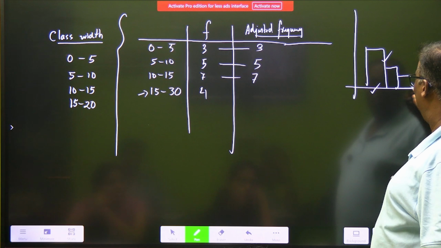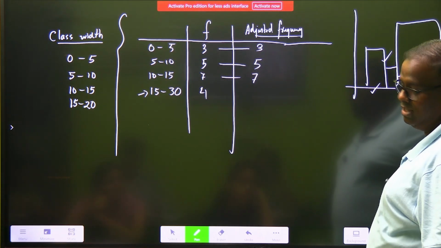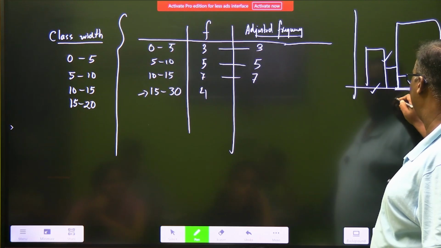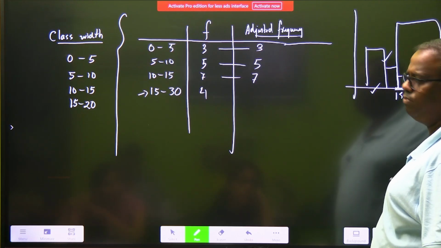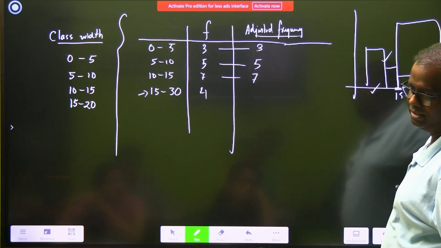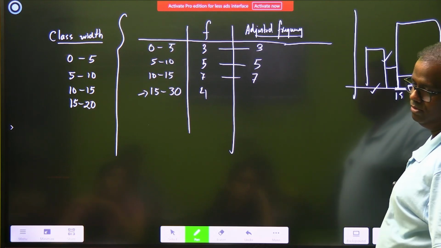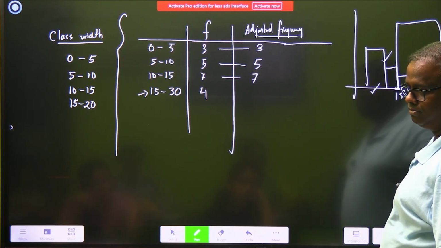This is also bloated. This is also bloated. This is not correct representation. So we will keep this as usual. We will keep this as 15 to 30. ठीक है, तुम्हें 15 to 30 रखेंगे. तुम्हारे height को हम क्या करेंगे? Adjust करेंगे. We will not consider 4, but we will consider what? 1/3 of 4.